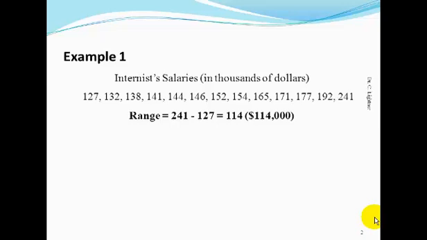The range is always computed as the largest minus the smallest value. For this example, our largest value is 241. Our smallest value is 127. Therefore, our range is 241 minus 127, which is 114.